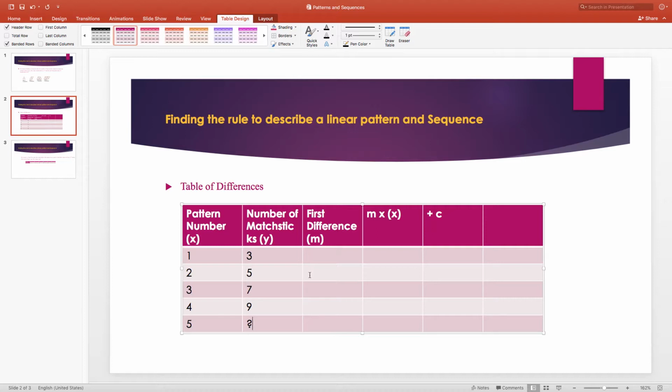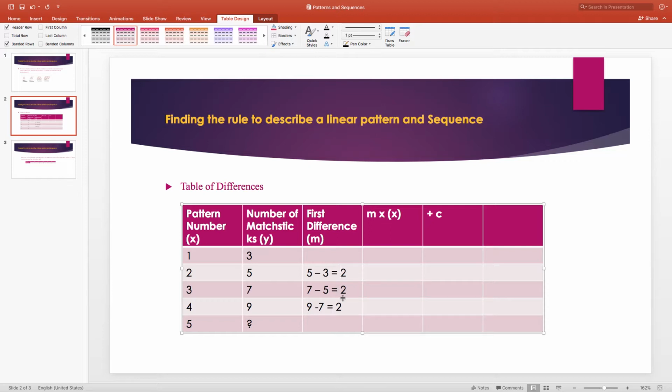So I'm going to go 5 minus 3, which equals 2. I'm going to go 7 minus 5, which also equals 2. And 9 minus 7, which equals 2. So the first difference in all of these patterns is 2.